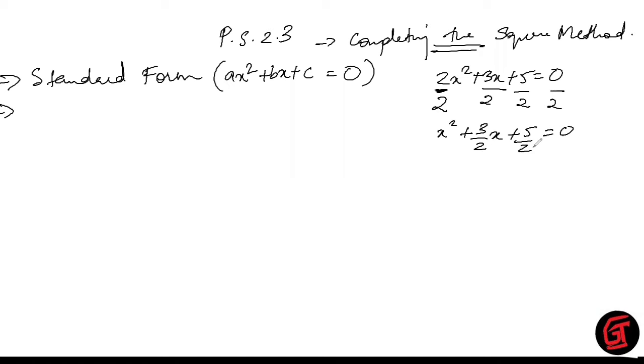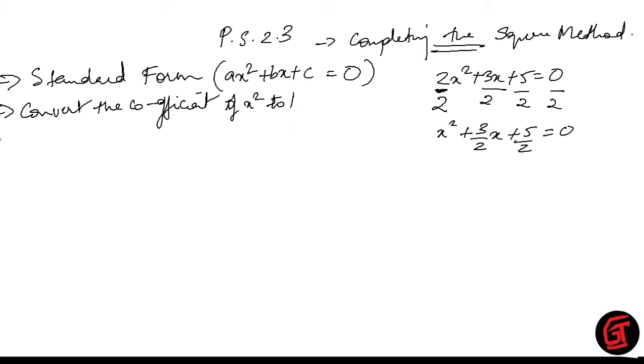Let this be 3 upon 2 and 5 upon 2, no problem. Our main goal is to turn this into 1x square. So your second condition was what? Write it down: convert the coefficient of x square to 1.